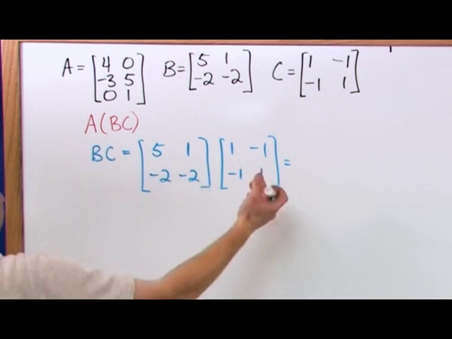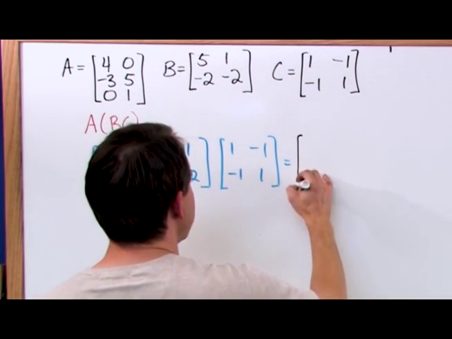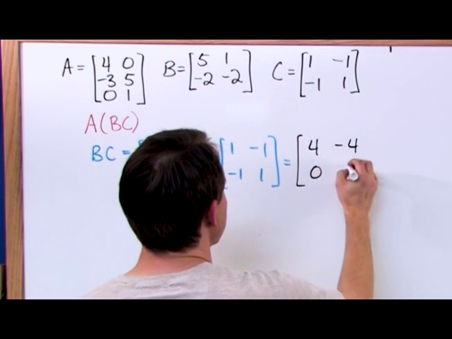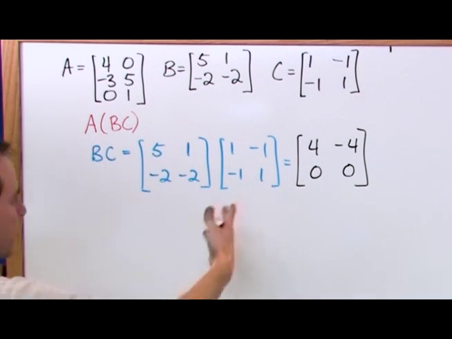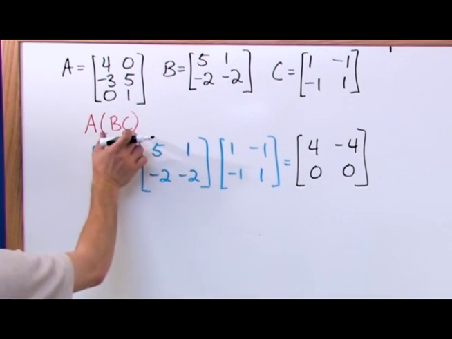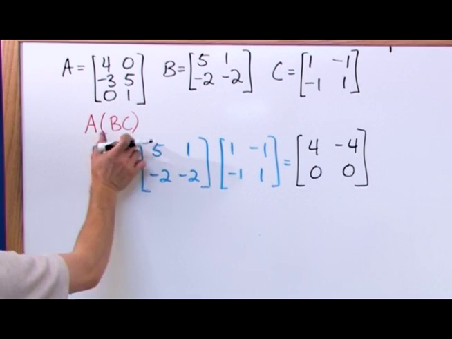What we got in the answer was 4, negative 4, 0, 0. If you were to go back just a few minutes, you would see that this is what we actually calculated. So I picked this on purpose so we wouldn't have to do all of this again. This is what we got. Now this is the answer to the inside of the parentheses.